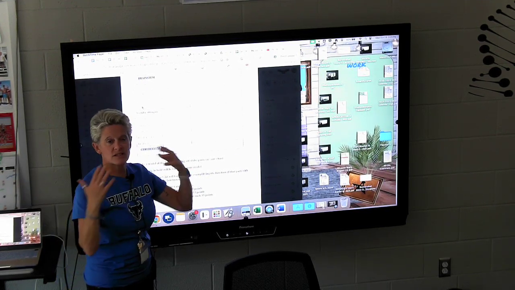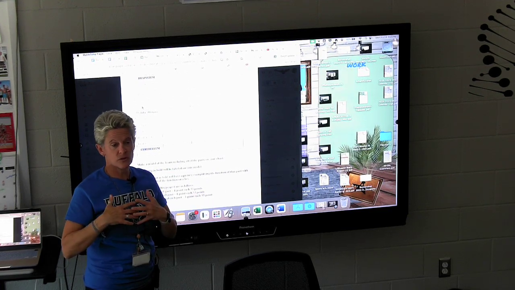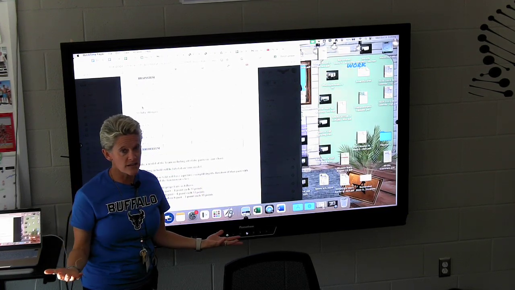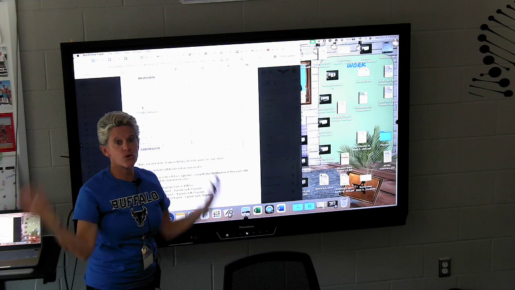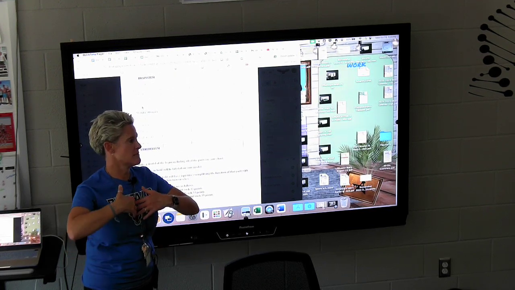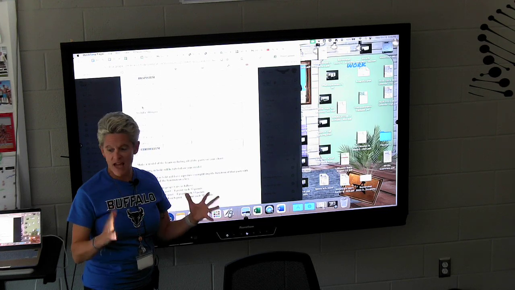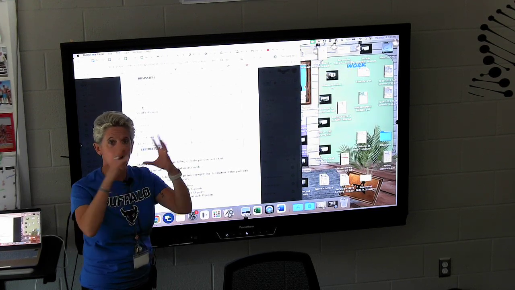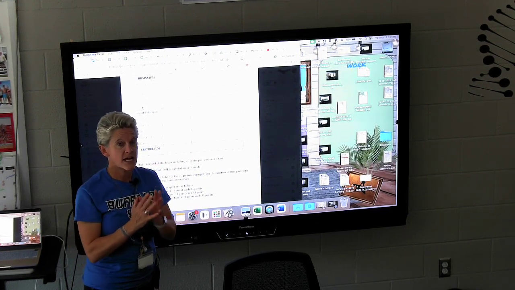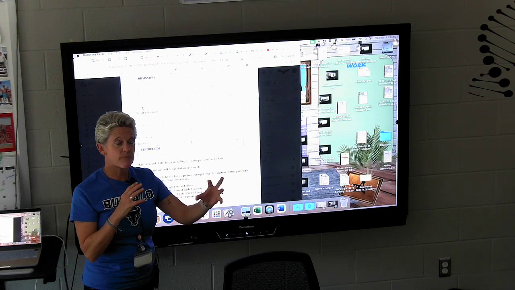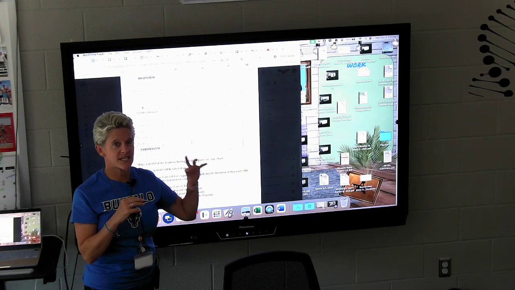You may do this on slides. You may do it with actual drawings. I've had people make food products. I've had people make them out of wood. I don't care how you do it. You just have to have some way to represent all the parts of this brain with pictures that represent what that part does.